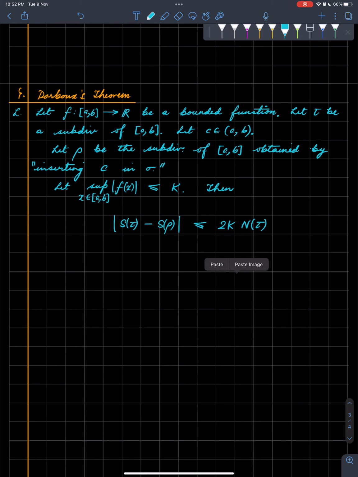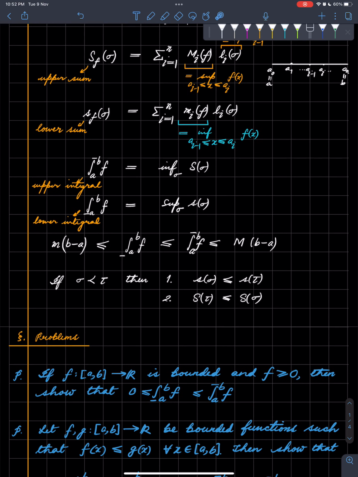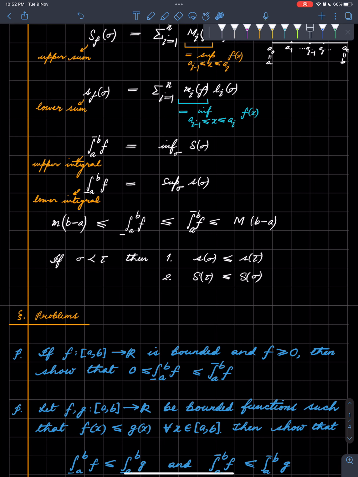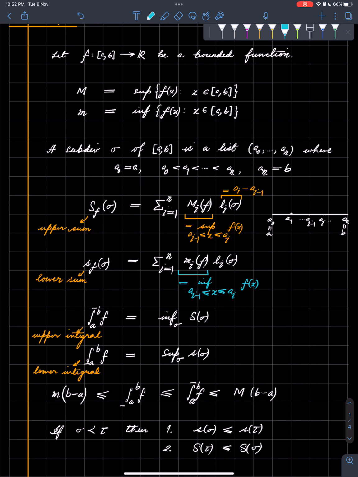So I did not mention what this is. Let me recall what that is. If you have a subdivision, then the norm of sigma is the max of Li sigma, where i goes from 1 to n.